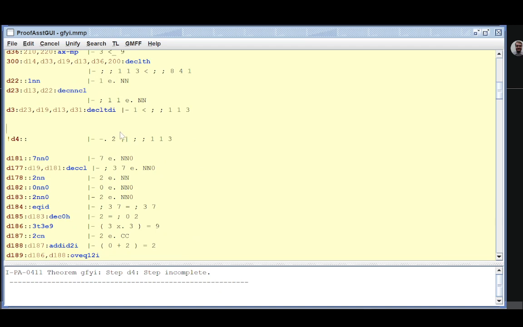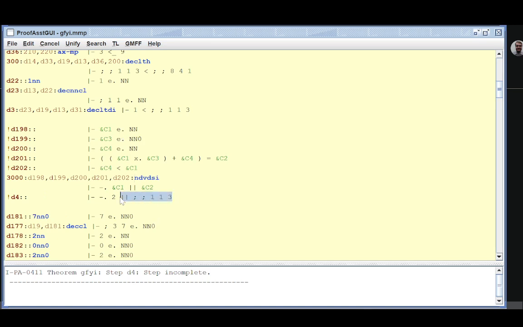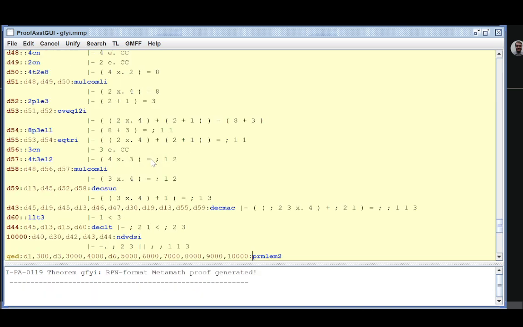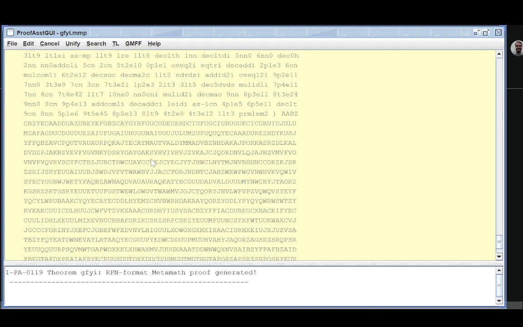Yeah, loving it. And 3,000, 2 divides 113. Prove this, please. Obviously that goes into 112, remainder 1, and it goes 56 times, remainder 1. Metamath proof generated. Look at that.